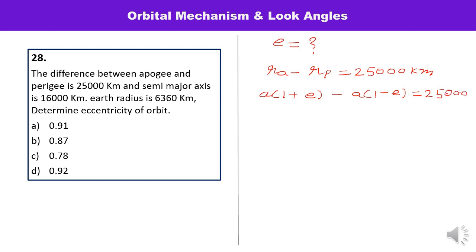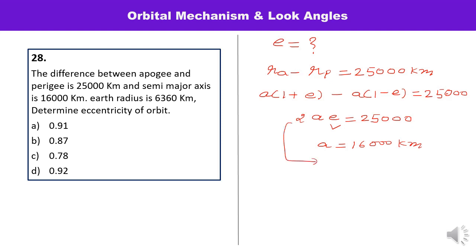25,000. Now simplify this term. You will be getting 2AE. This is equal to 25,000. You have to calculate E. A is given. A is what? Semi-major axis at 16,000 kilometer.